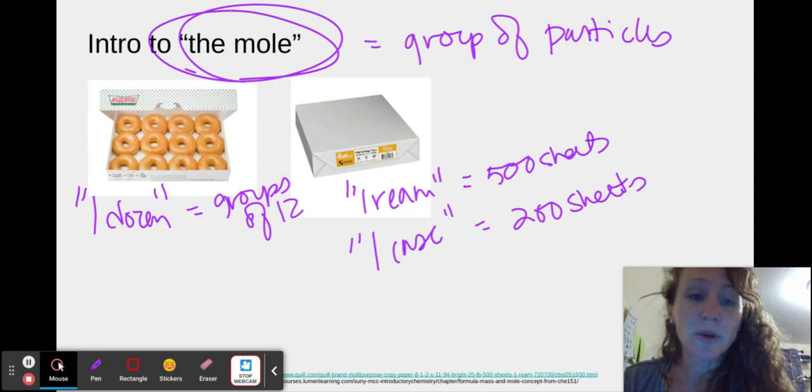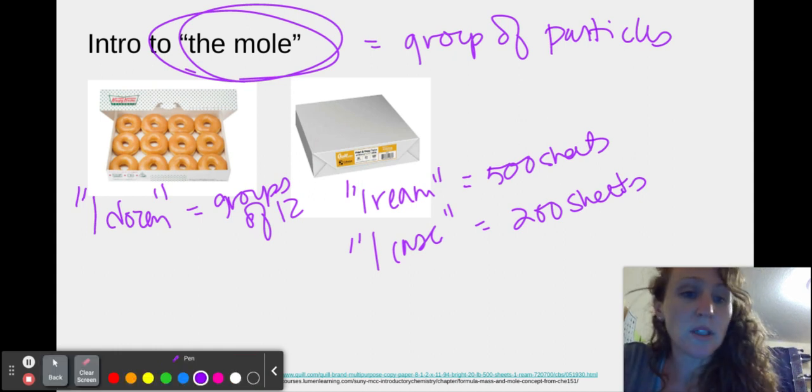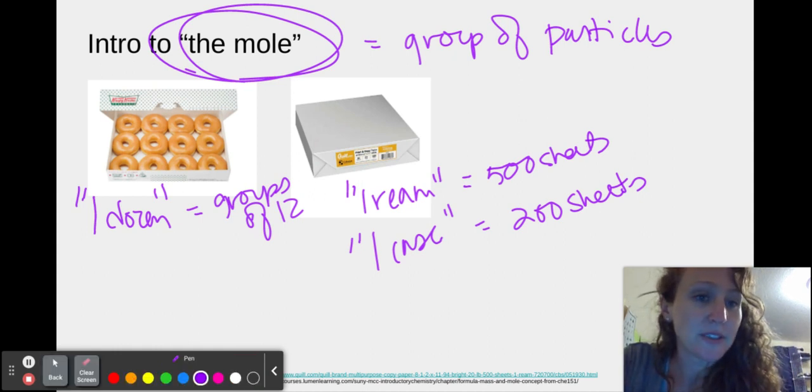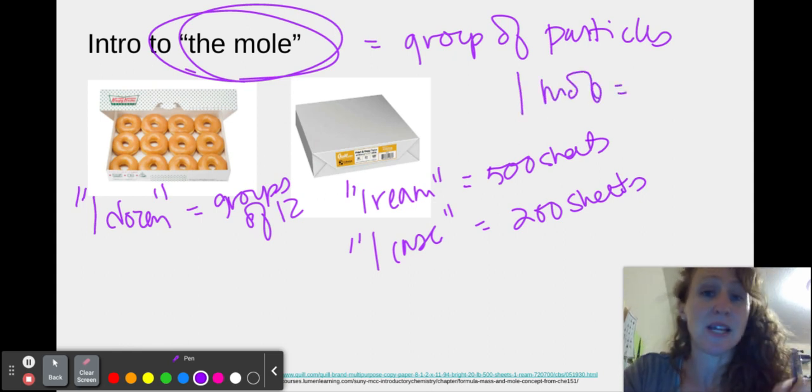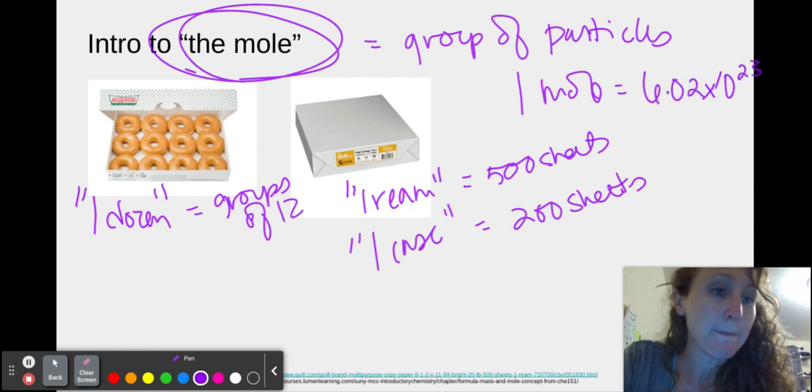And that group we call a mole. And 1 mole of particles is going to be a group of atoms. Now, it's a really, really big group of atoms. It's 6.02 times 10 to the 23rd particles.